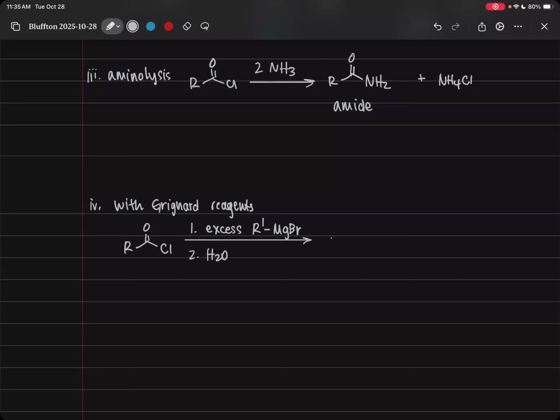So what this is going to do is make a tertiary alcohol, like we would expect if we started with a ketone or something like that. But notably, we have two of these R prime groups that were originally on the Grignard reagent.